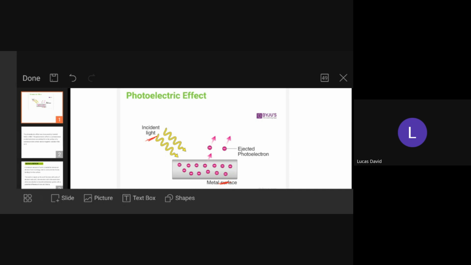Thermionic emission is different from the photoelectric effect because in thermionic emission, electrons are ejected as a function of heat incident on the metal surface. But in the photoelectric effect, we are considering light, sunlight, not necessarily the heat. The light strikes the metal surface, and electrons are ejected. That is what the photoelectric effect is all about.